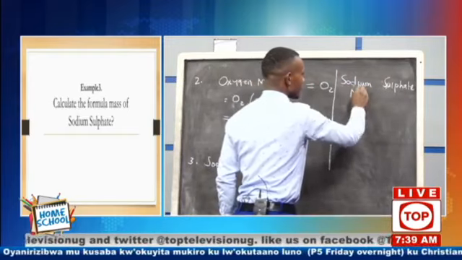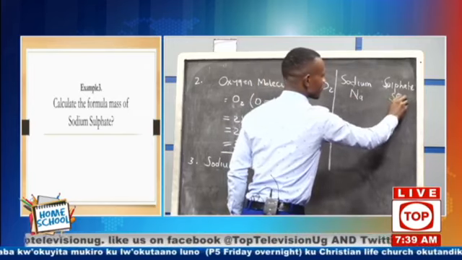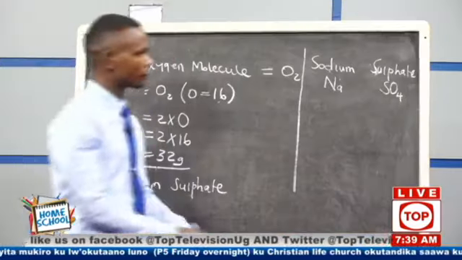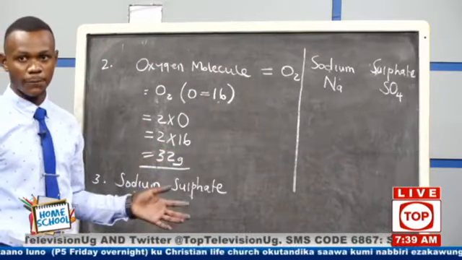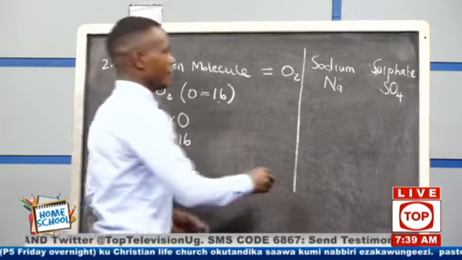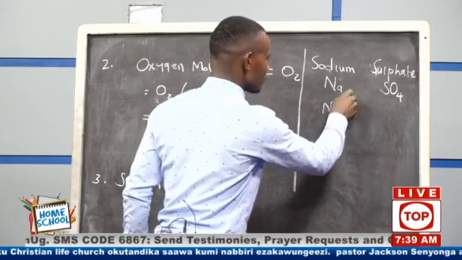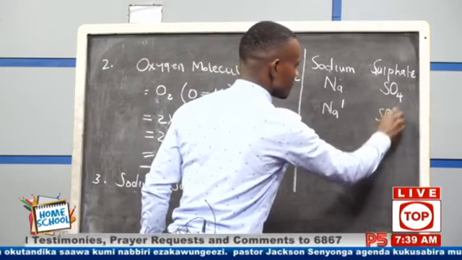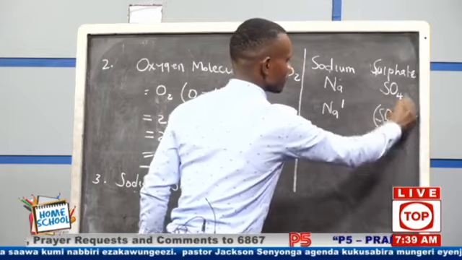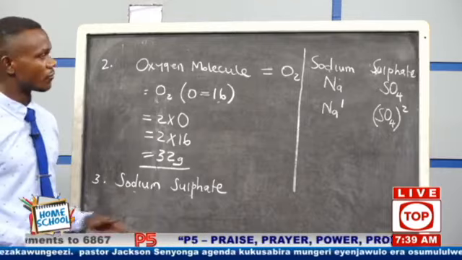We have sodium, and here we have a sulfate as the radical. We want to write the chemical formula of this. The next step is you give them the valences. Sodium is valence 1, sulfate has a valence of 2. Sulfate radical has a valence of 2.